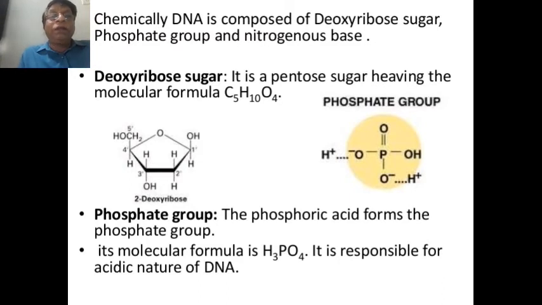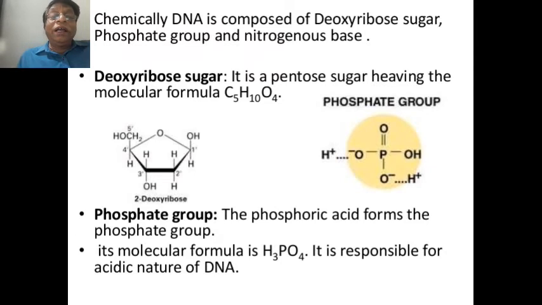Now, what is very important is that in this sugar, one of the oxygen atoms is absent at the second carbon position.